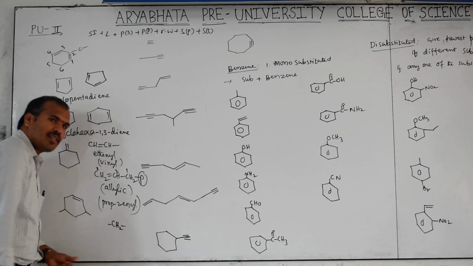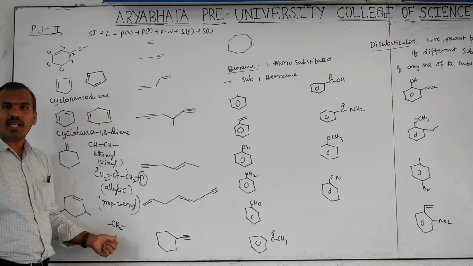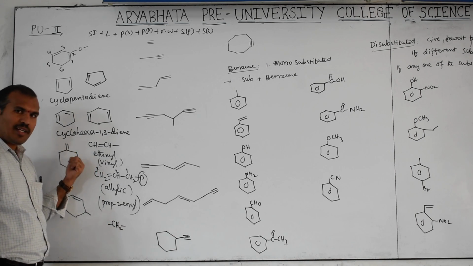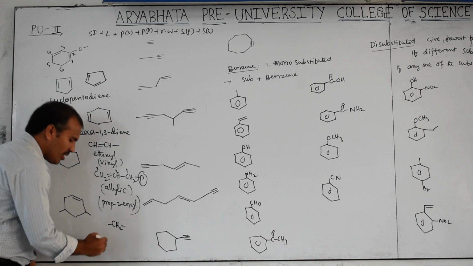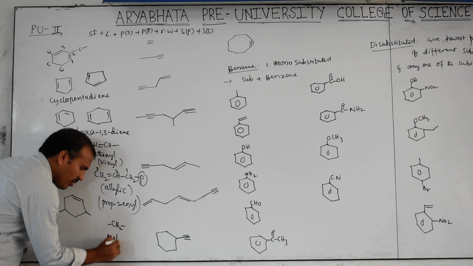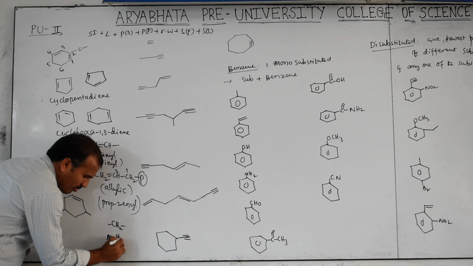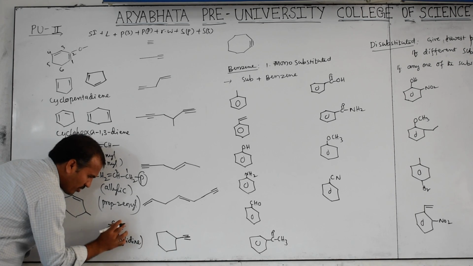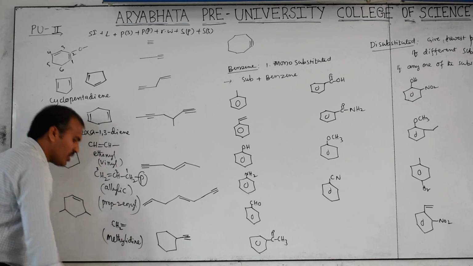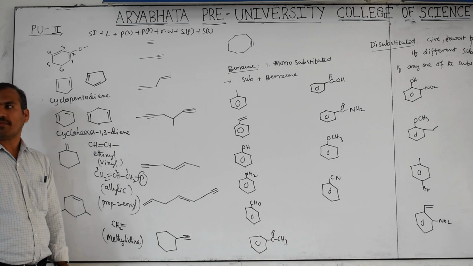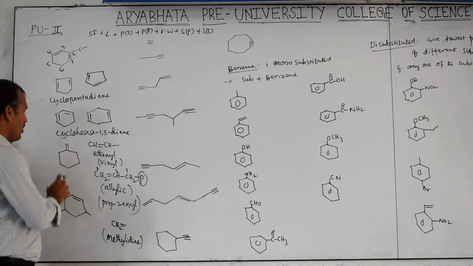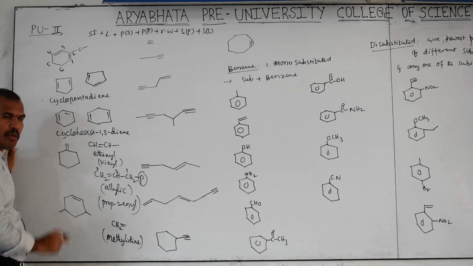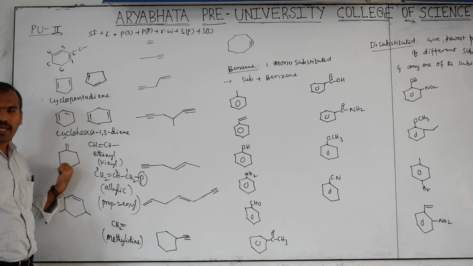Now only one carbon is there. Like this you may have studied, what do you call this? Methylene. So here also it is called the methylene type. But if you get confused, then you have to use the IUPAC word, methylidene. Why methylidene? You use this word when a double bond is there. Then write methylidenecyclohexane.